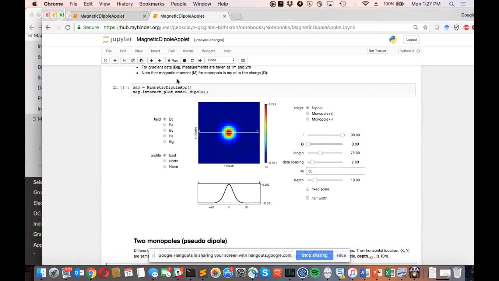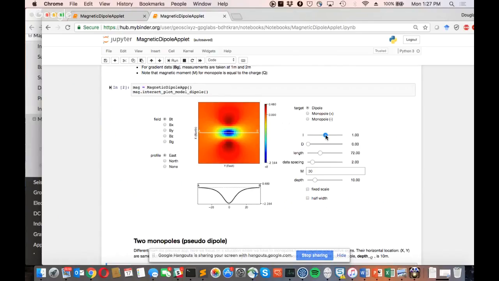The inclination slider goes from -90 to 90. If we're down here at -90, that puts us at the South Pole. If we're at 0, that's our datum at the equator.